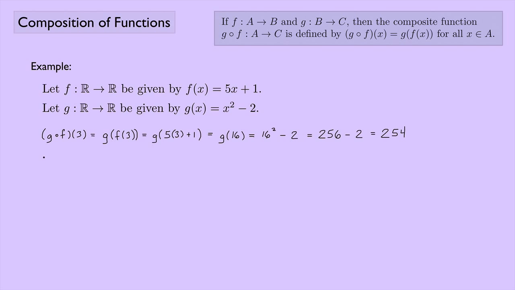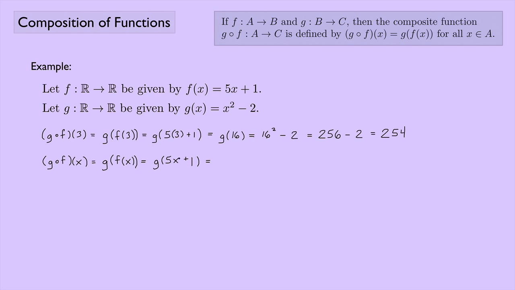Okay, well, what if I wanted to get a general formula for g composed with f? In other words, what if I didn't put in a specific number, I just left it as x? Well, I can do that in this case. I can say then that g of f of x is what I'm actually trying to compute. And that's g of, I can just plug in the formula for f of x. That would be 5x plus 1.